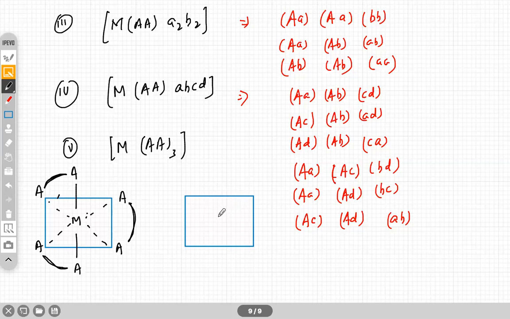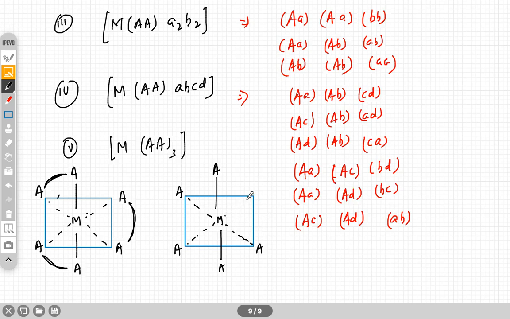Another one is what? Metal present here. A, these two, oh sorry. We can write next what? Tell me, do you have any GI possible? Can we draw any structure here?